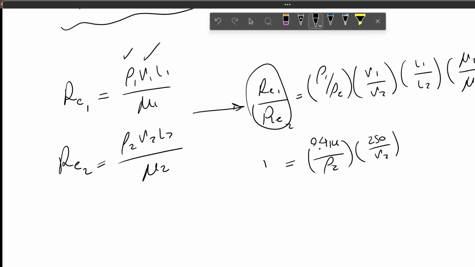It's a 1/5 scale, so L1 divided by L2 is going to be equal to 5. And the viscosity is a function of the square root of temperature, so when you take the ratio, you can replace it with the square root of the temperature ratio.